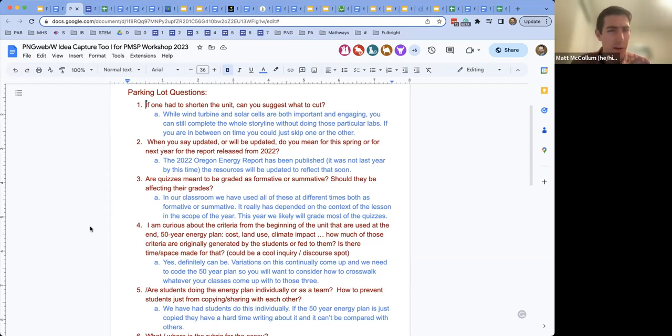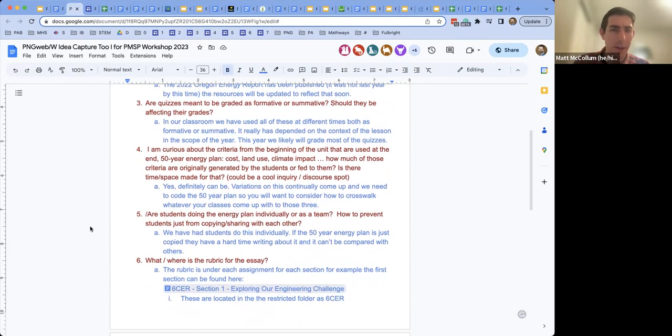Quizzes are meant to be graded as formative or summative; it really depends on your classroom. This year, at our school, we will likely have them as summative and grade most of those. Do you want to take the next one? I would just say, if it's at a spot where we are ready to summatively assess them, then there's closure.